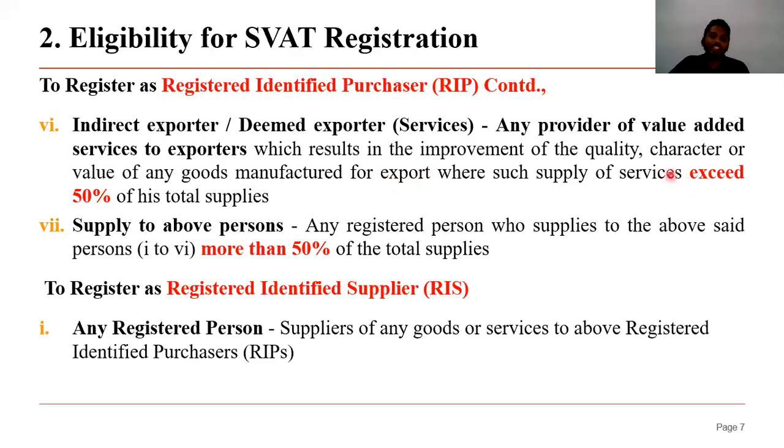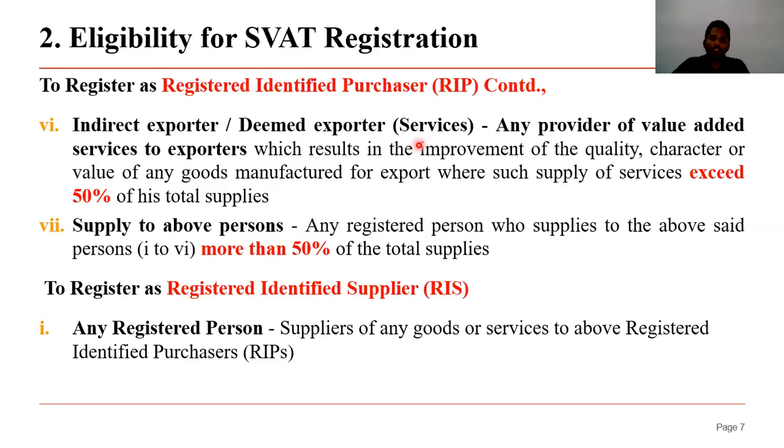If the supply made by the service provider exceeds 50% of his total supply, let's say the service provider has 100 million, then out of 100 million they need to make more than 50% of supply to this exporter.